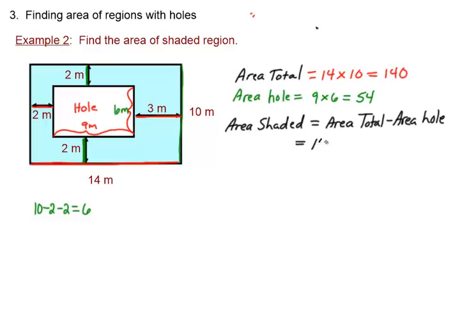So that's going to be 140 minus 54, and that will give me 86 meters squared. So that's how you find area of shaded when you have a hole involved.